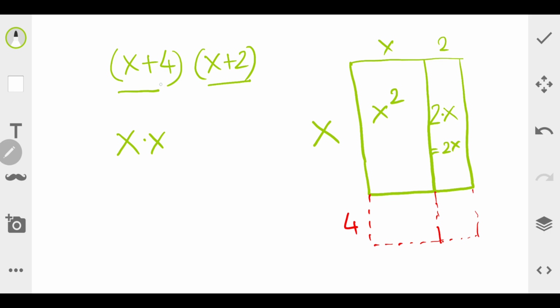So if we look at these two binomials, we are actually doing x times x to get this x squared, plus we're doing x times 2, which is the 2 times x. That's what we're doing. The way we're doing this, do you remember what this is called? If we're doing x times x and then x times 2, this is the distributive property that we used before.